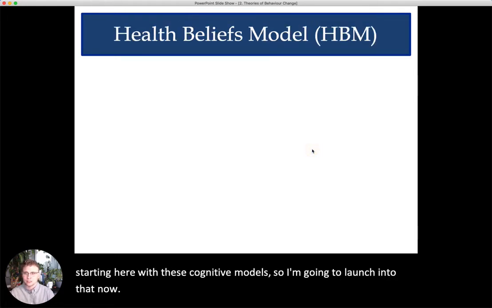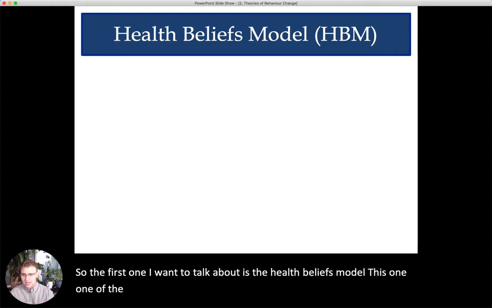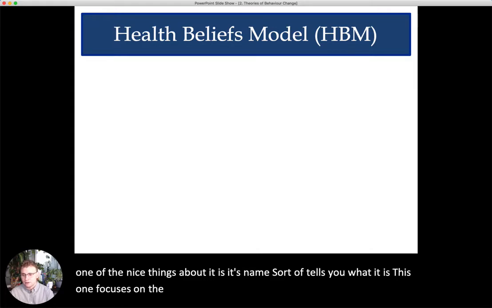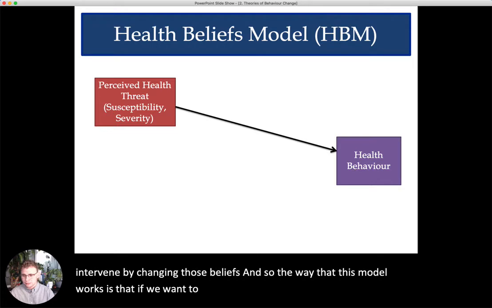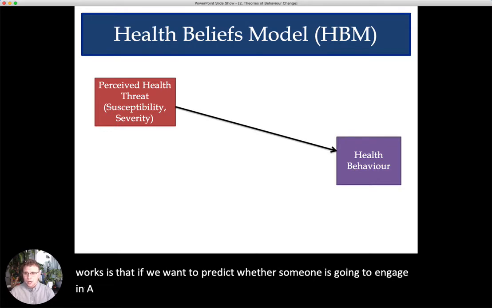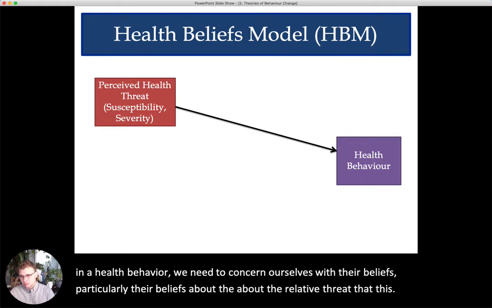The first one I want to talk about is the health belief model. One of the nice things about it is its name sort of tells you what it is. This one focuses on the beliefs that we have about health and seeks to intervene by changing those beliefs. The way this model works is that if we want to predict whether someone's going to engage in a health behavior, we need to concern ourselves with their beliefs, particularly their beliefs about the relative threat that this particular negative health outcome has for them.